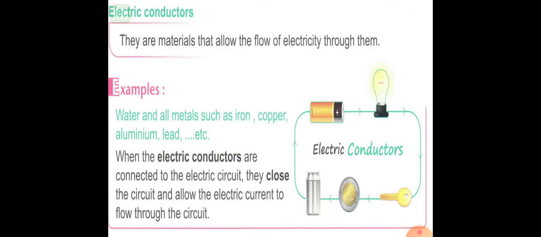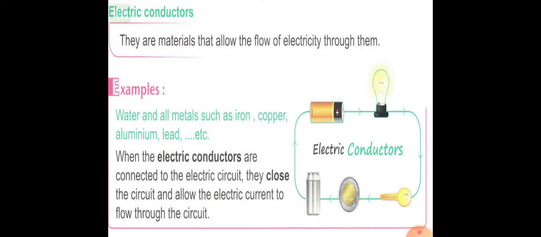They are the materials that allow the flow of electricity through them, such as water and all the metals: iron, copper, aluminium, lead. When the electric conductors are connected to the electric circuit, they close the circuit and allow the electric current to flow through it.